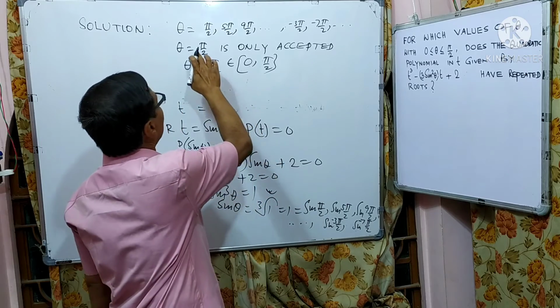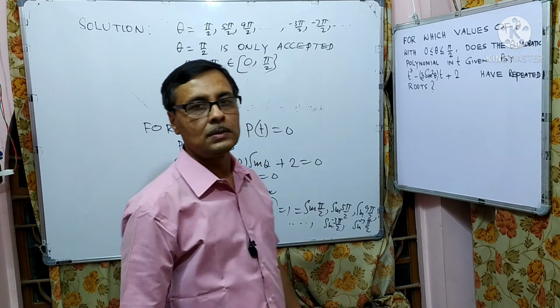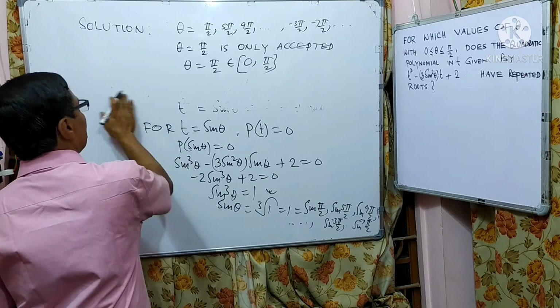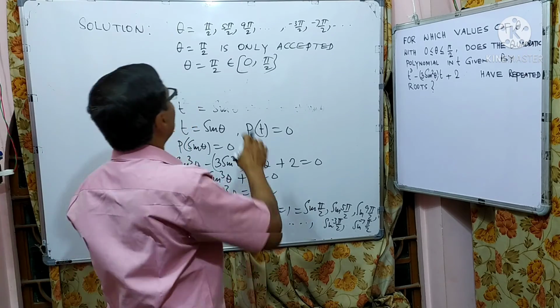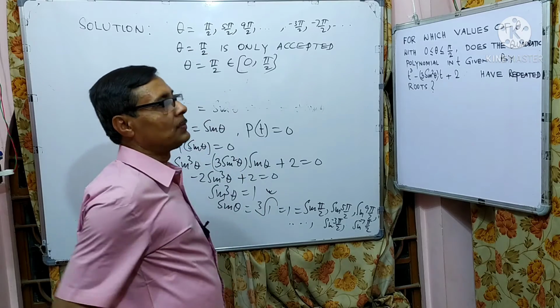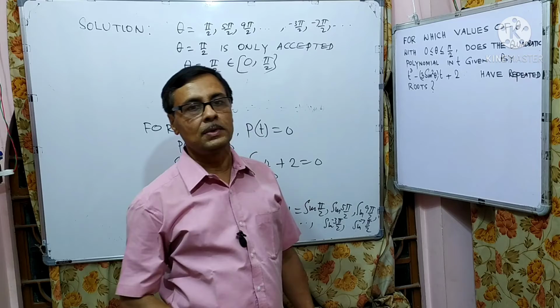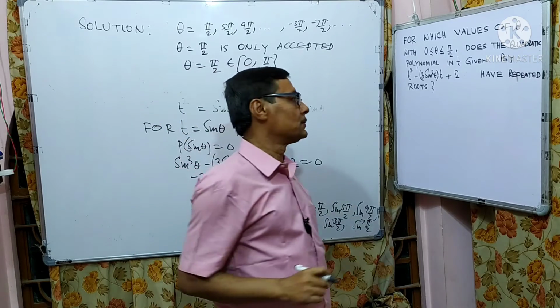So here only theta equal to pi by 2 is accepted. For theta equal to pi by 2, this polynomial has repeated roots, that is double roots.